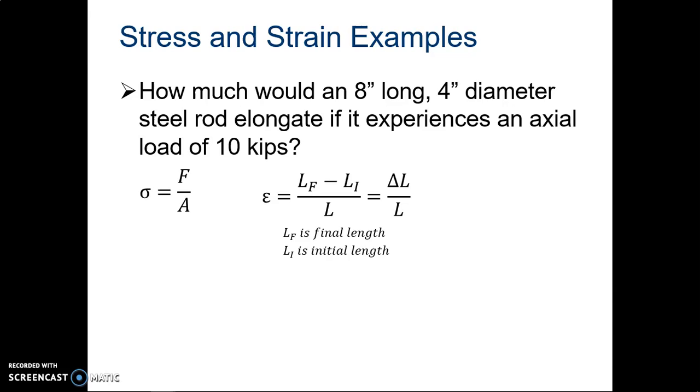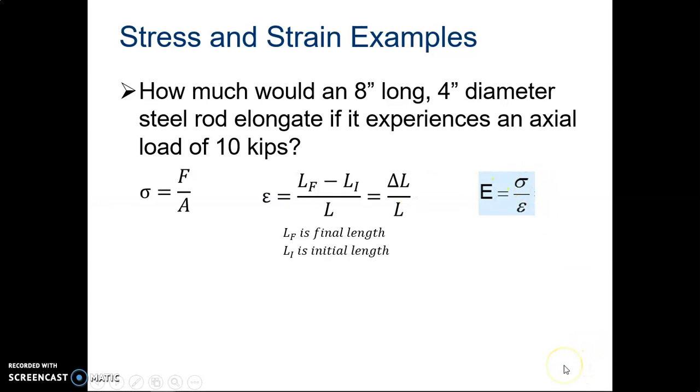If I have a 10-inch rod and then after I stretch it, it becomes 11 inches, the strain is going to be the difference, which is 11 minus 10, which is 1, divided by the original, which is 10. So my strain would be 1 over 10, or 0.1 inches per inch. And then finally, the last equation is Hooke's law, which is that the modulus of elasticity is equal to the stress over the strain.